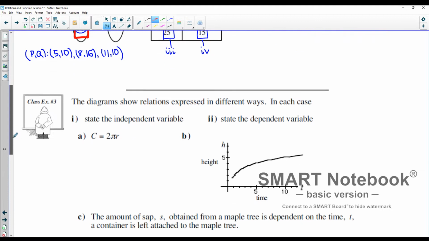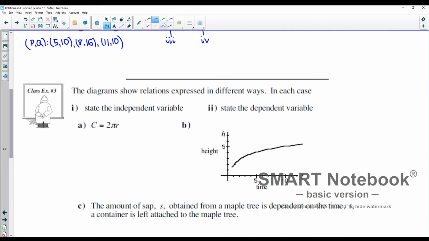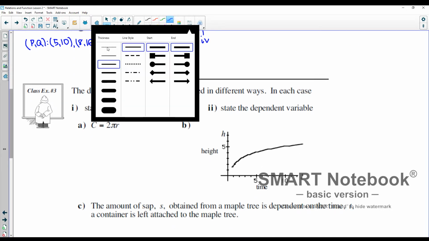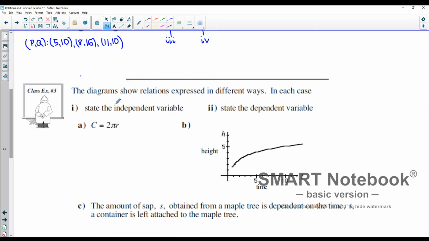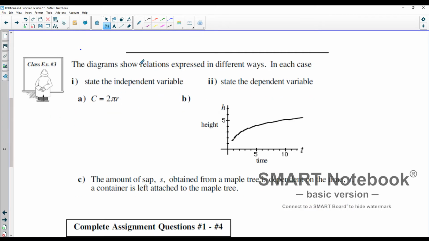Okay, let's go down to the third example. It says the diagram shows relations expressed in different ways. In each case, identify the independent and the dependent variable. All right, so this one, the first one, this is an equation for the circumference of a circle. So the circumference of a circle is equal to 2 times pi times r.